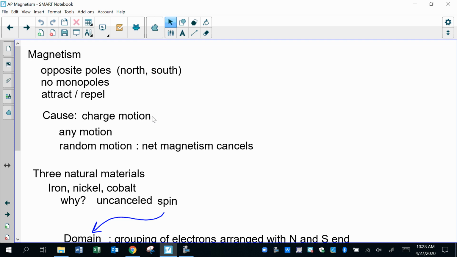For those of you that have had high levels of chemistry and you've got your up arrows and your down arrows and your orbitals and all that kind of stuff, I'm a little bit rusty on my chemistry terms and pictures, but what we were talking about is the actual spin of the electron, and any motion will cause magnetic effects.